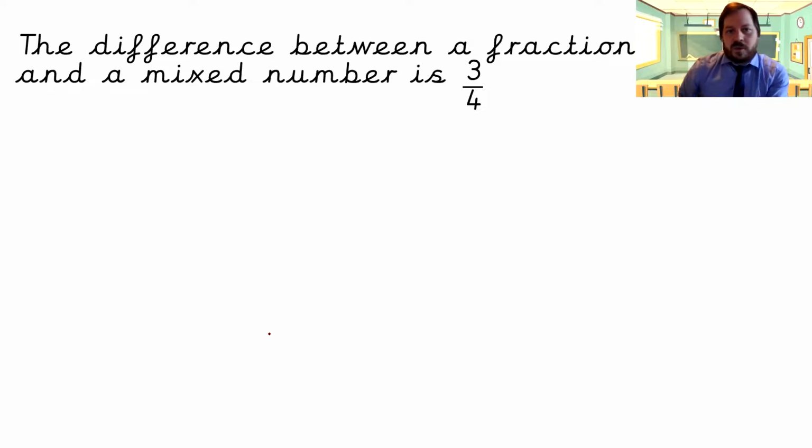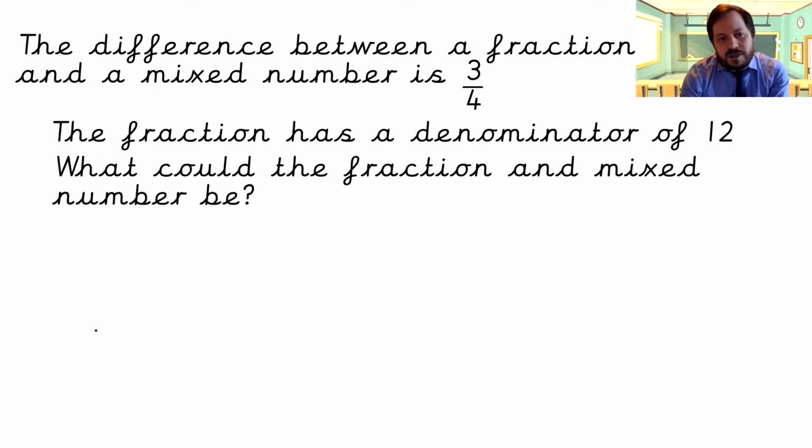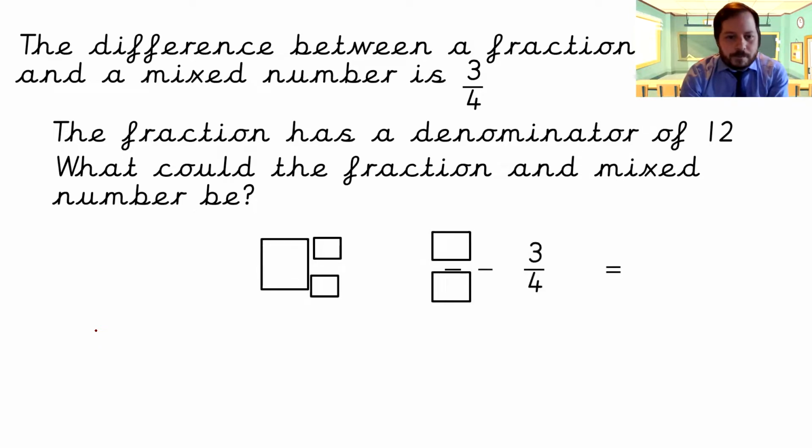The difference between a fraction and a mixed number is 3/4. The fraction has a denominator of 12ths. What could the fraction and mixed number be? So here's a rough idea of what you're doing. This is your mixed number.